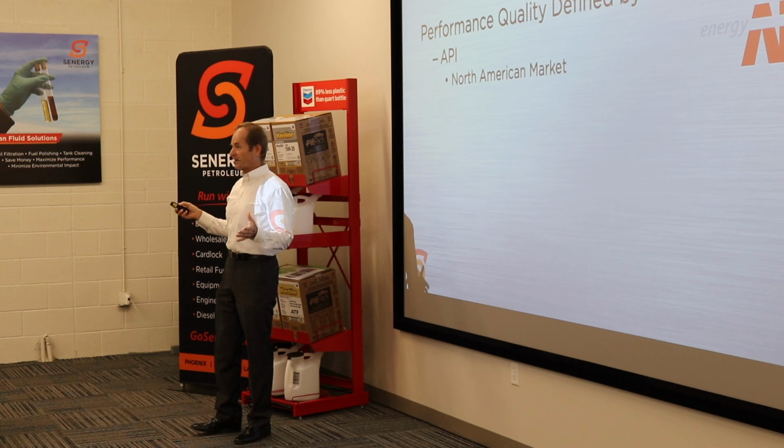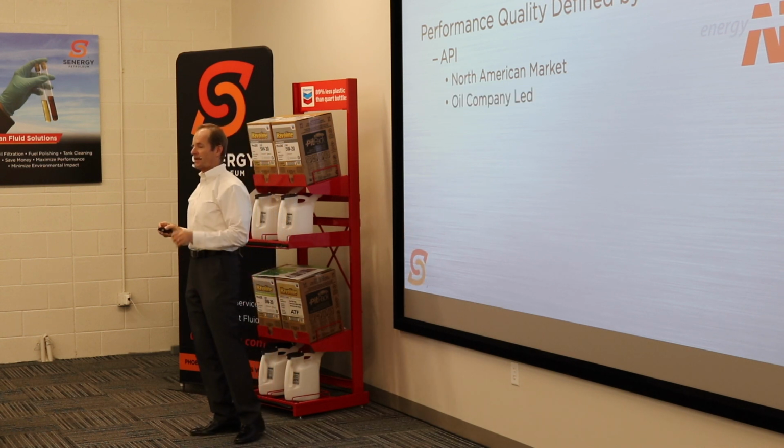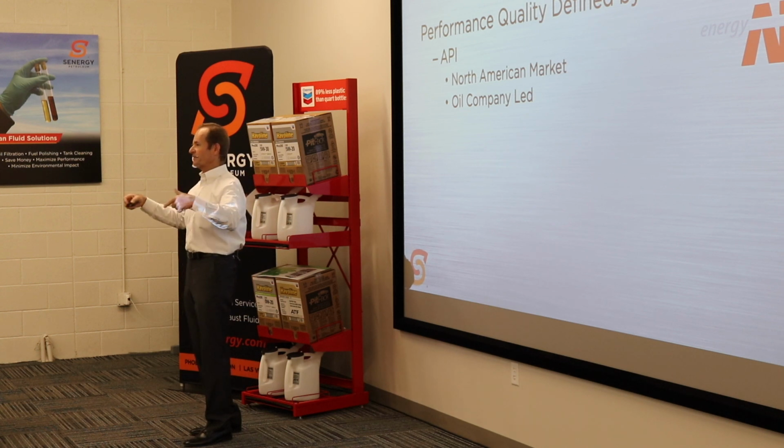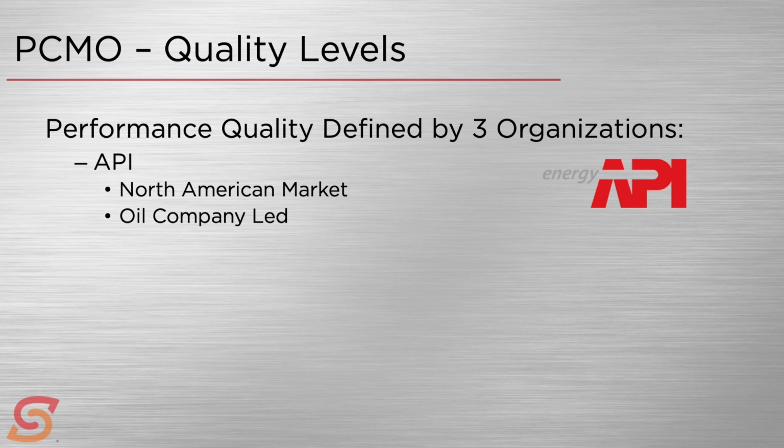They really only affect the North American market, and they are led by the people active in it, who are members of oil companies, all the oil companies involved in formulating engine oils. So for years and years, the API was the leader in determining what a quality engine oil is. I've got a chart on that in a few slides to show you how that worked.